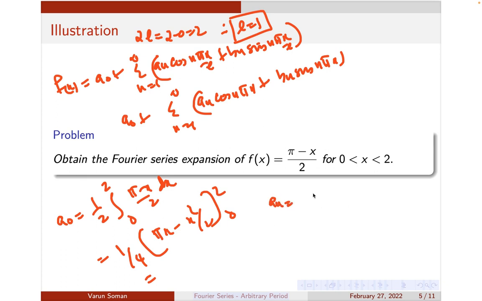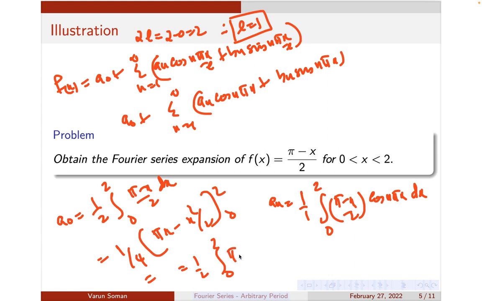Now how will you find an? Similarly, an is 1 by L, so it is 1 by 1 integral over the given interval 0 to 2 of pi minus x by 2 into cos n pi x by L. Here it is cos n pi x by 1, so it is 1 by 2 into integral 0 to 2 of pi minus x into cos n pi x dx.